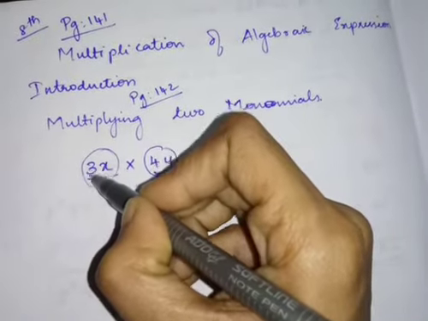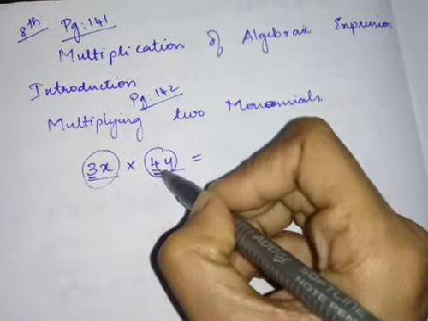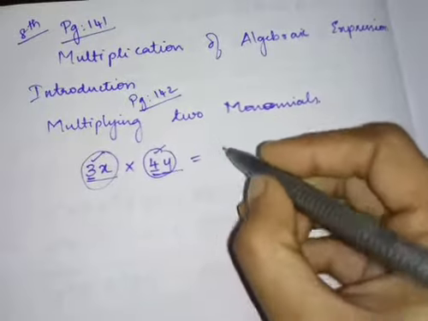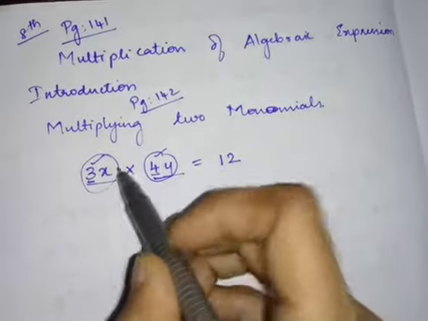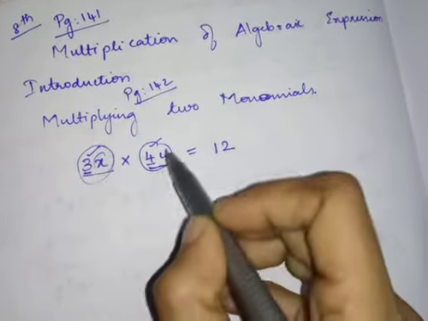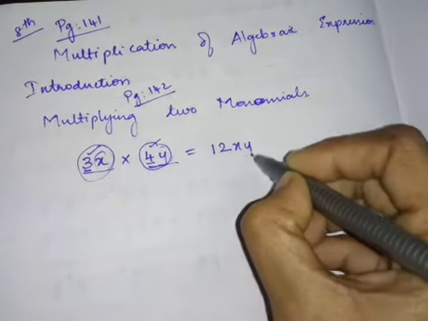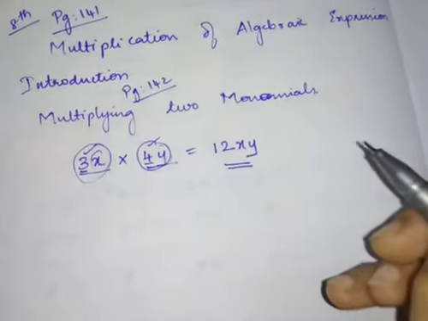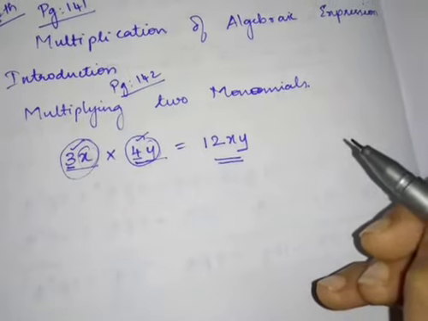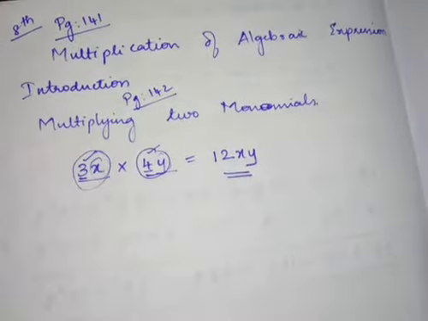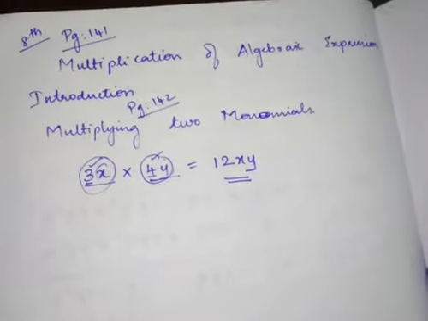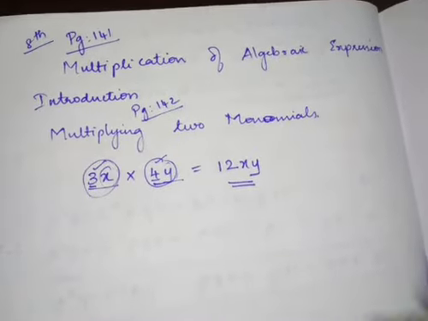So what is the numerical coefficient here? 3, here 4. So 3 into 4, 3 4s are 12. Then you multiply your variables. x into y, xy. So what is the answer? 12xy. Okay. So first you multiply the numerical coefficient, then you multiply the variable.